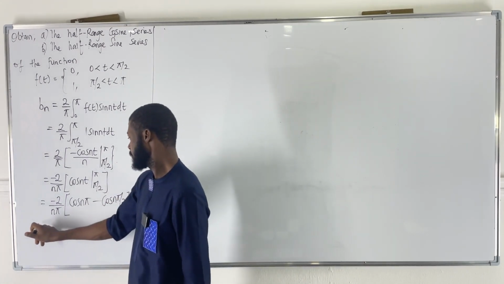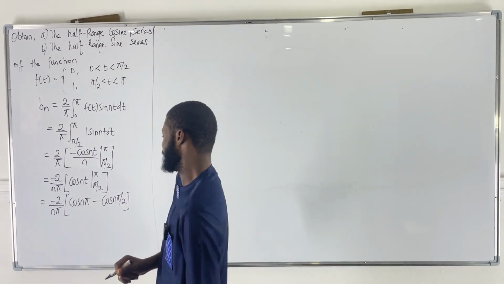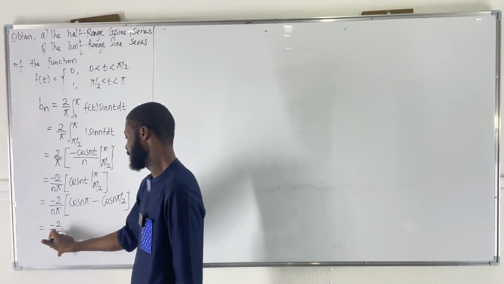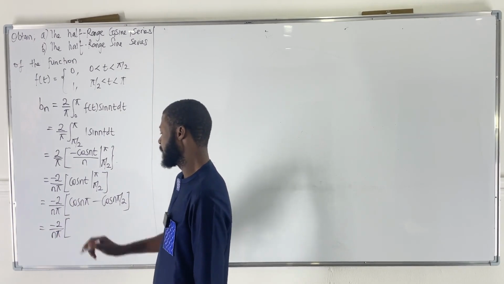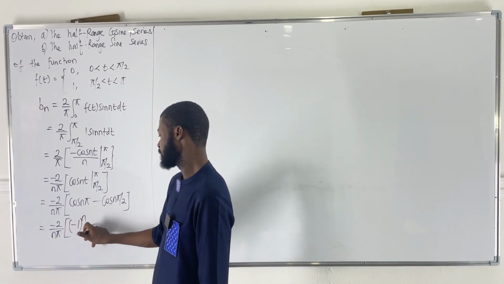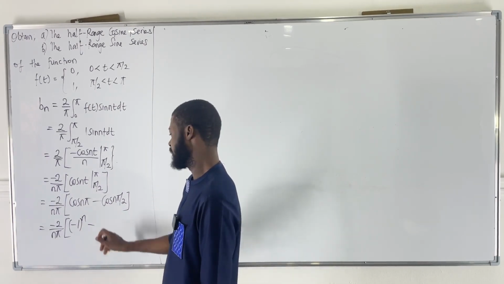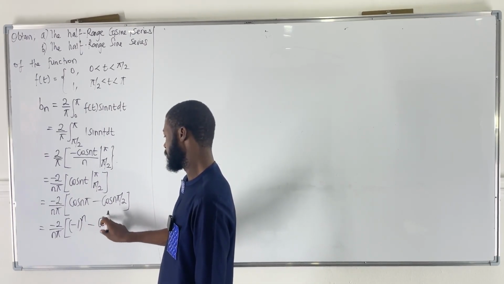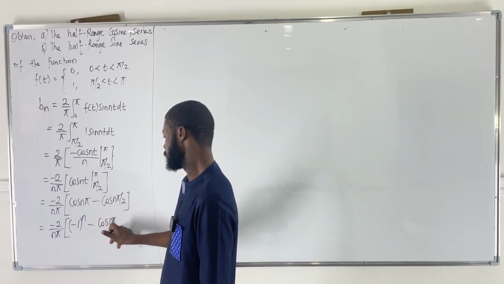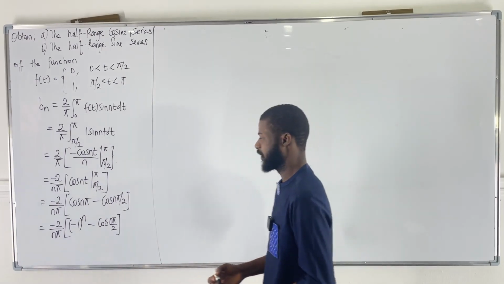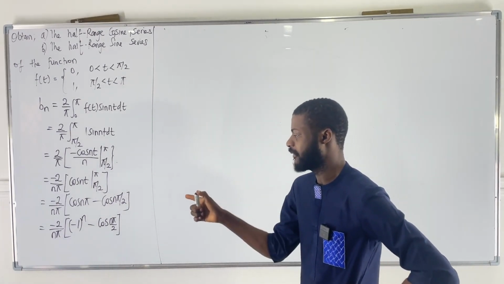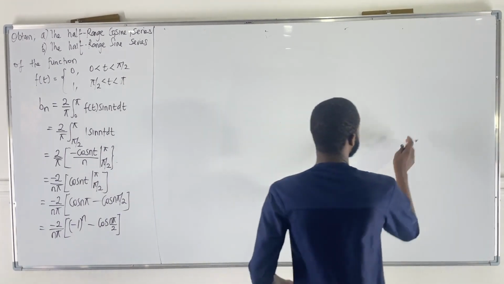All right. This is funny. Okay, so this is minus 2 over n pi. Now, cos n pi has a special value. That special value is minus 1 to the power of n. Then this guy you see here, very funny guy, cos n pi over 2. So let me write the behavior of cos n pi over 2.